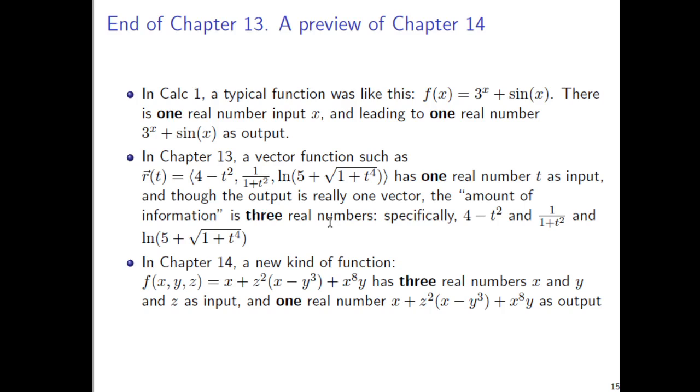I know that in chapter 13, the technical way of saying it is the output was one vector for each input, but let's just speak in terms of how many real numbers occur. And so in Calc 1, it's one real in, one real out. In chapter 13, it was one real in and many reals out. And in chapter 14, it's going to be many reals in and only one real out.